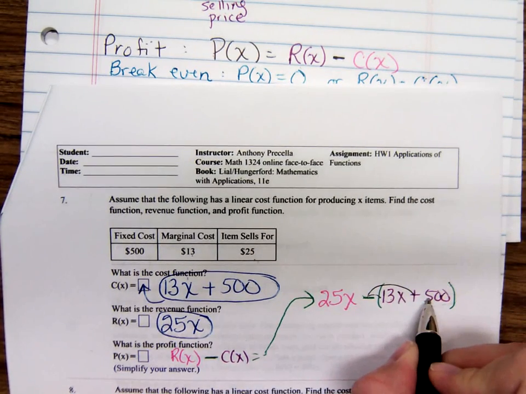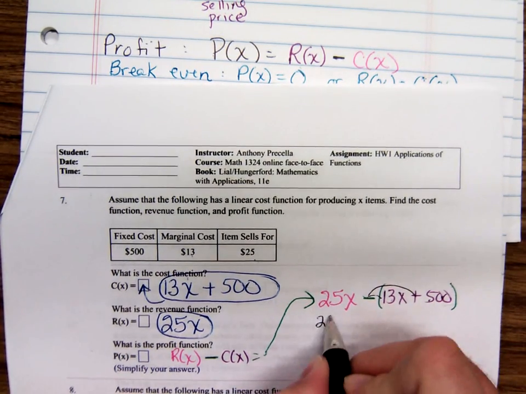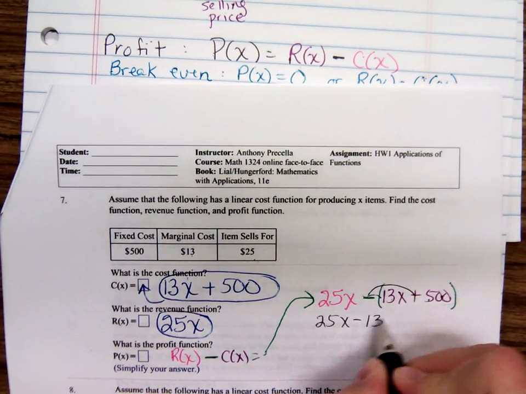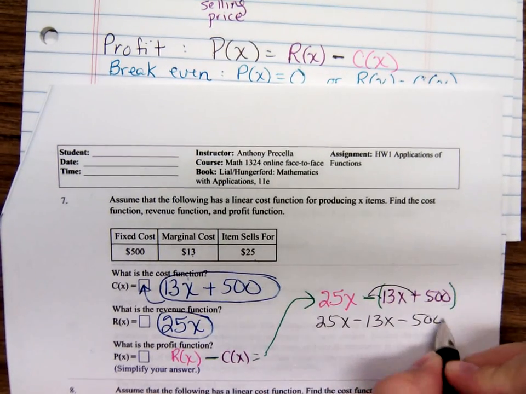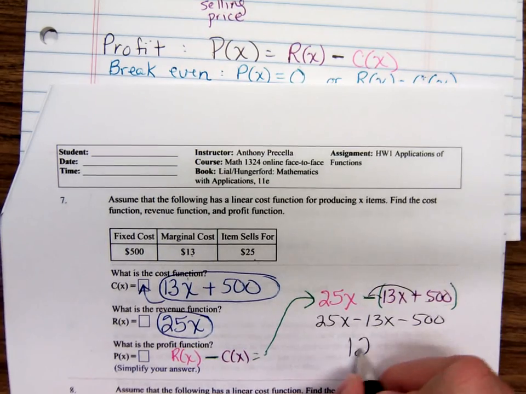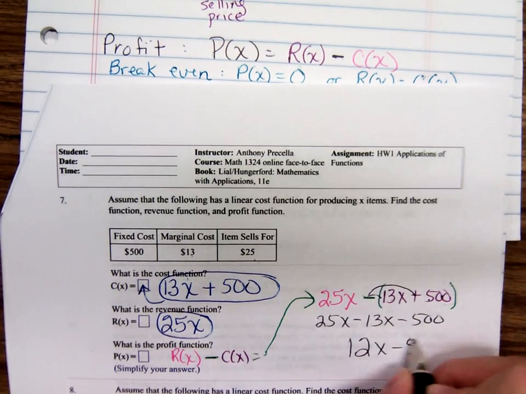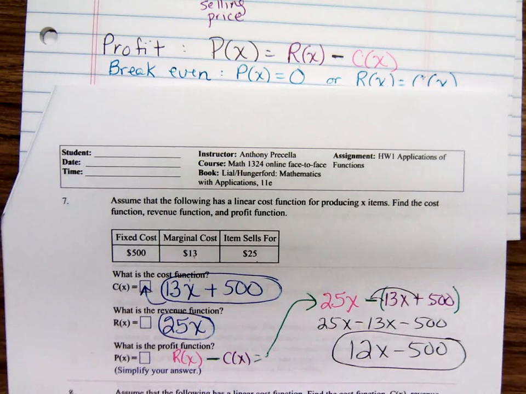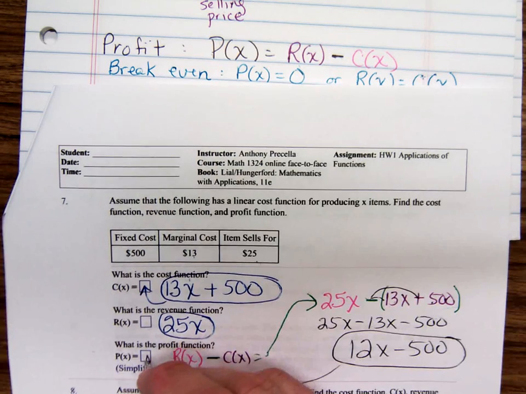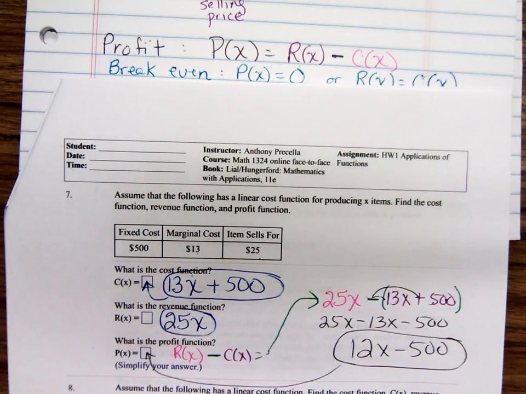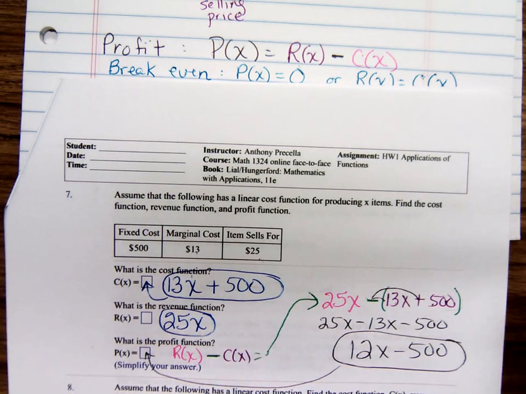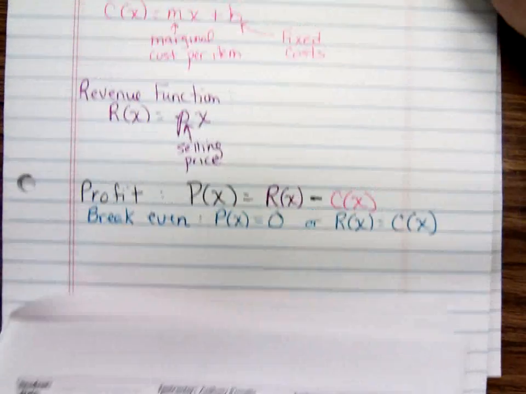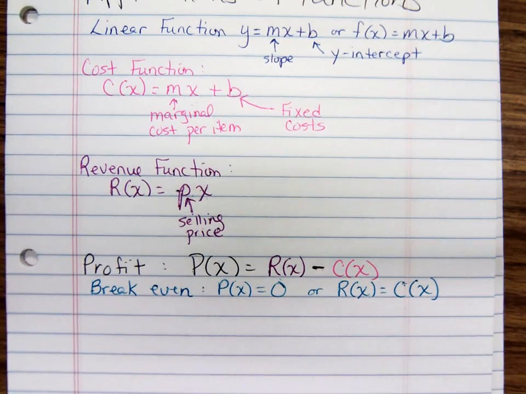So we'd have 25x minus 13x minus 500, which is 12x minus 500. And that's your profit function. Number 8 is the same type of problem.